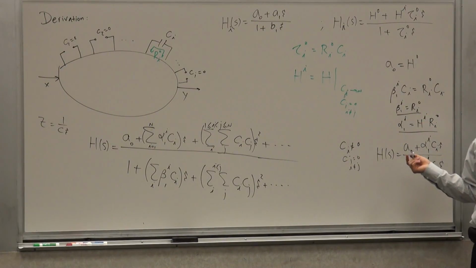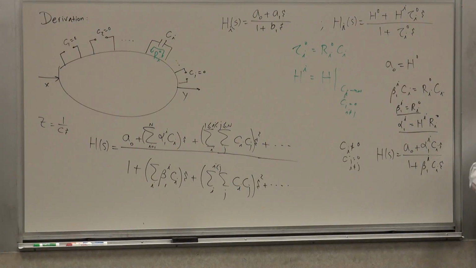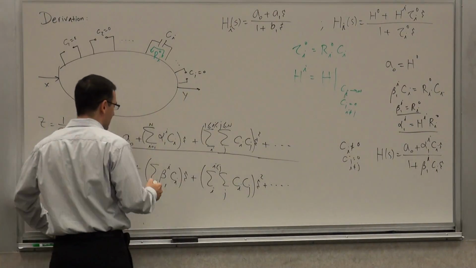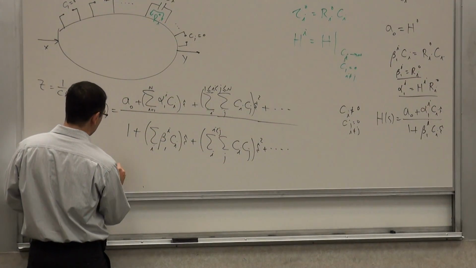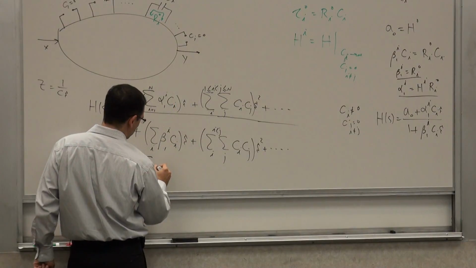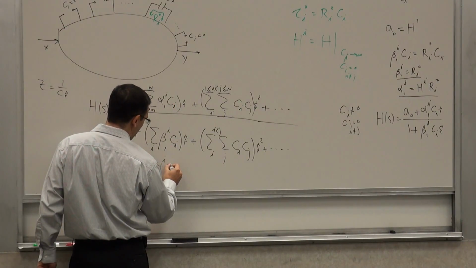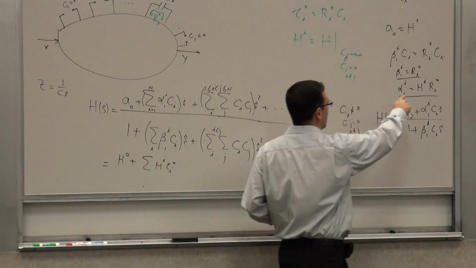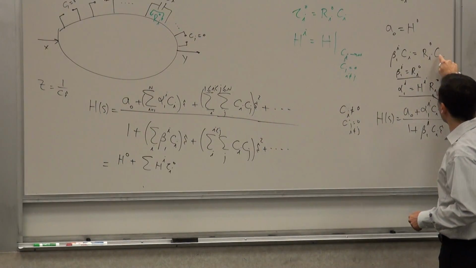Since I haven't made any assumption about this, there's nothing special about index i, this should be valid for any one of the capacitors, because I just assumed an arbitrary index i. So I can plug these into this one and determine their A and B. So this becomes H naught plus sigma Hi tau i0, because remember, this is Hi Ri0 times Ci.